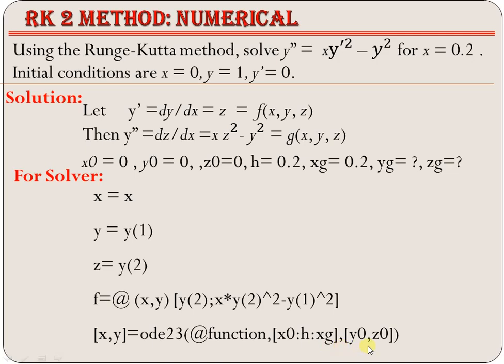In the second square bracket we input the initial value of y, that is y0, and the initial value of z, that is z0, and then complete the square bracket as well as the circular bracket. Instead of ODE23 you may use the ODE45 function also. So let's first define the function and write the solver syntax.